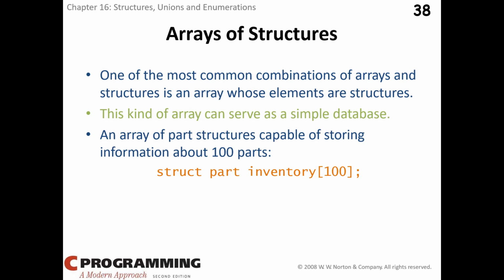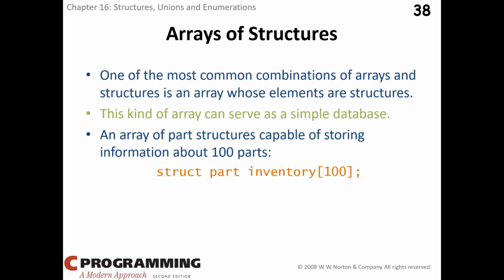So for instance, consider an array named inventory where each element represents information about a specific part. We can define the array like the one we have in the slide here. Here we've created an array named inventory, capable of storing information about 100 parts, and each element of the array is a structure of type part, which includes members such as number, name, and on hand.